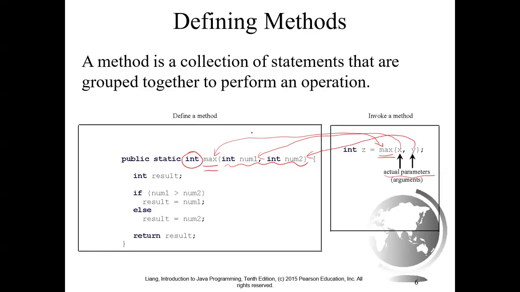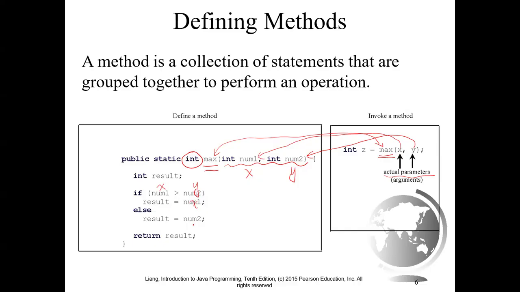And in this case, number 1 will be replaced by x and number 2 will be replaced by y, as long as the method has the real value for x and y, which is referring to the original number 1 and number 2, and it can get the calculation and then get the result. And here the number 1 will go as x, and the number 2 will be replaced by y.